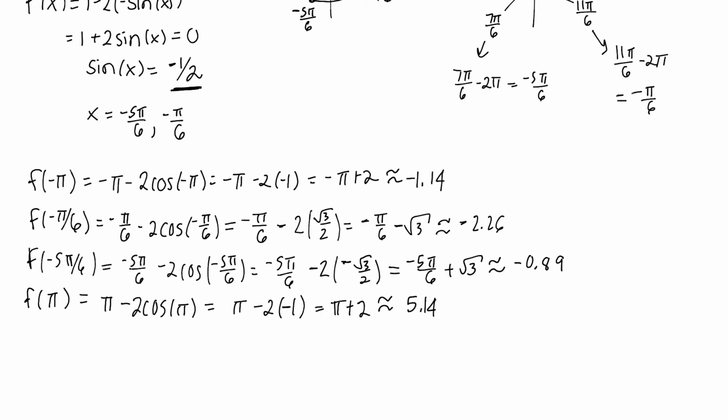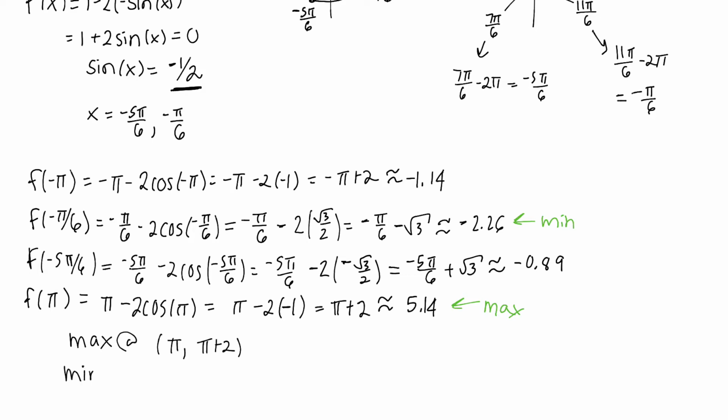So digging back in, that trig is the important part here. This guy down here is our max. This guy is our min. So we have a max at pi, comma, pi plus 2 is the exact value.